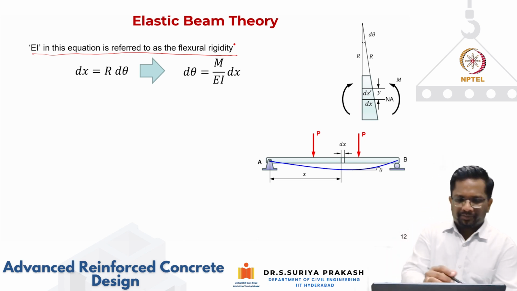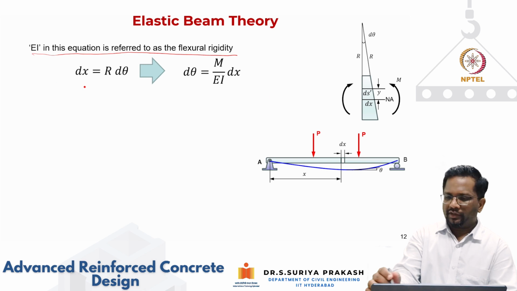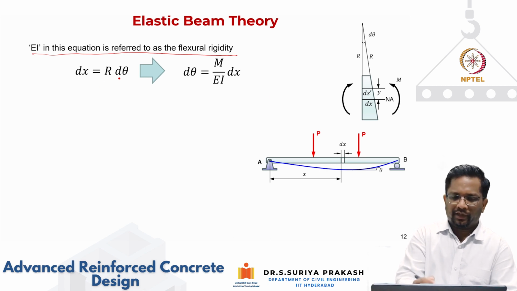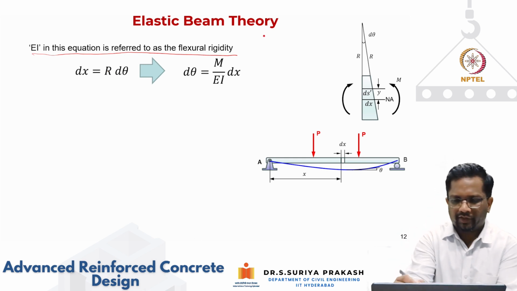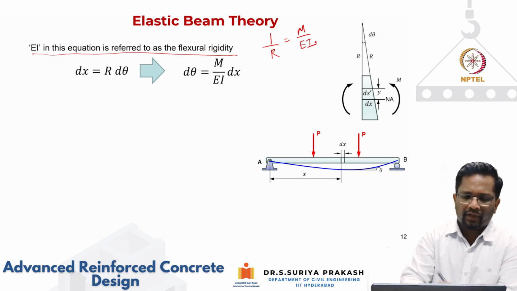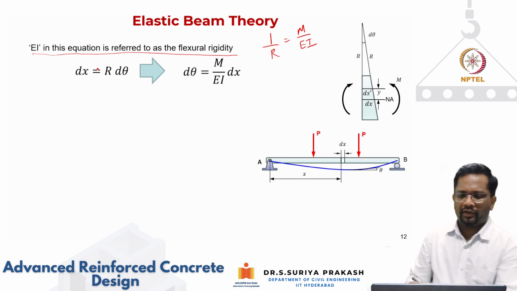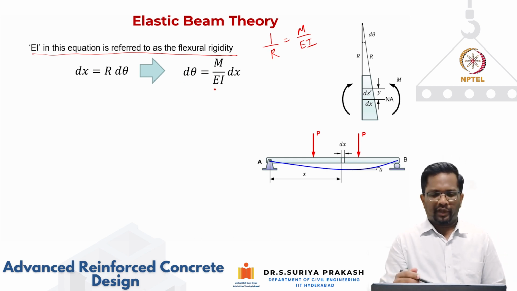Right. Now again, if I go back to this, dx is again r into d theta. So d theta is nothing but, now what is r? We have established the relationship: 1 by r is nothing but M by EI. So you substitute for 1 by r like this, and d theta, or change in rotation, is nothing but M by EI multiplied by dx.